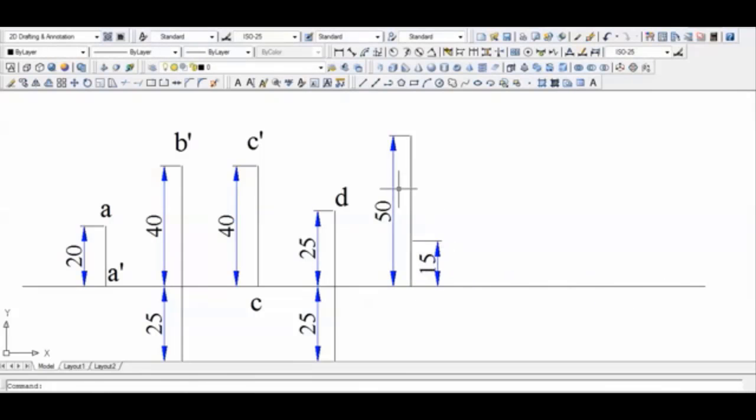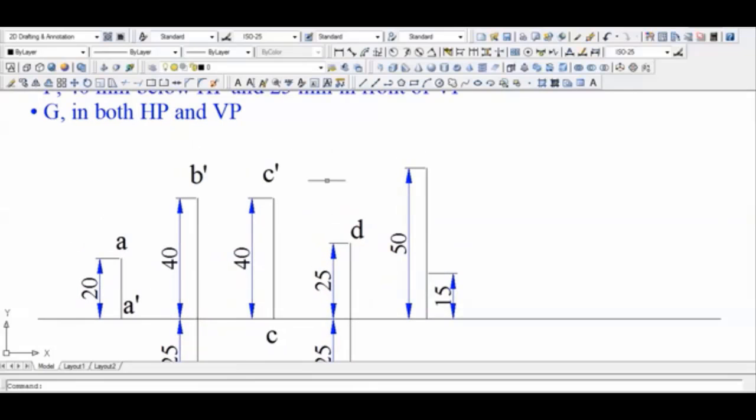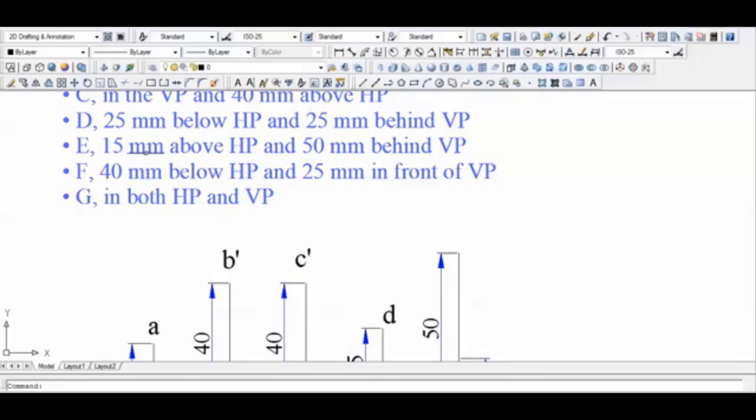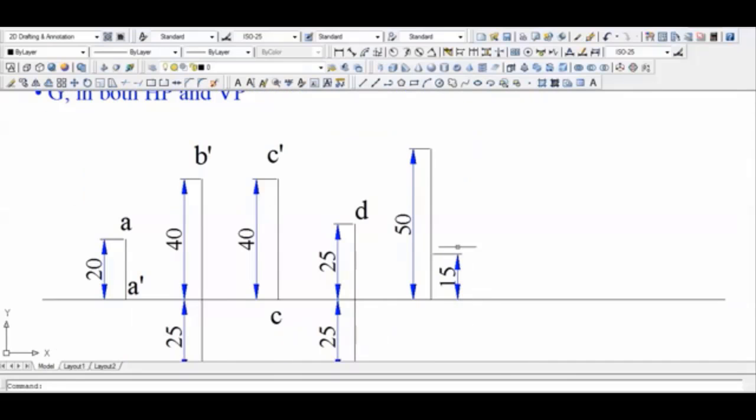Now guys, this is for point E, and let us differentiate between 50 and 15 in terms of H and D. Now 15 mm above HP, that means this dimension over here is H. If it is H, you need to put a dash against the name of the point. So since the name of the point is E, you need to put E dash over here, and this 50 is, let me do this quickly.